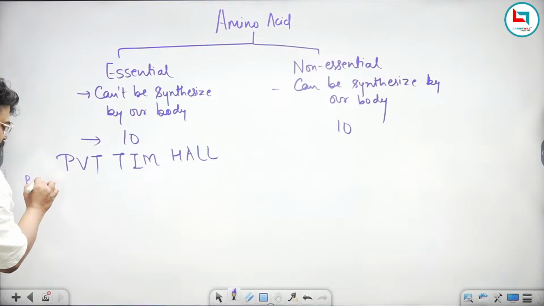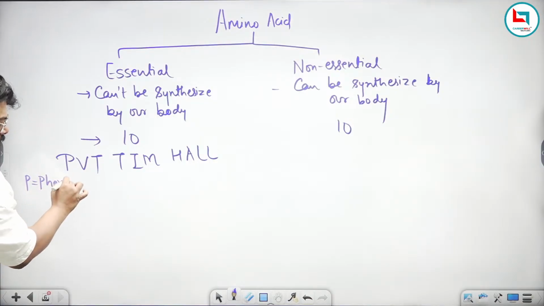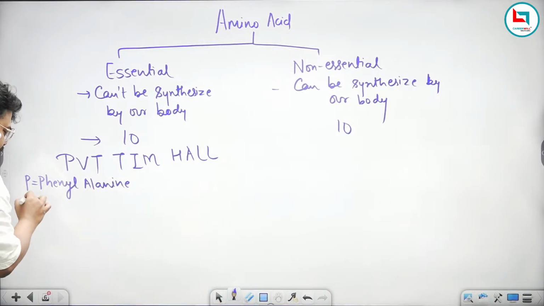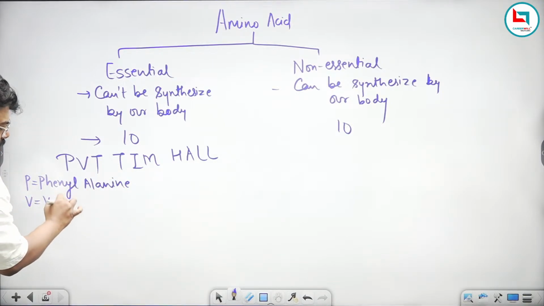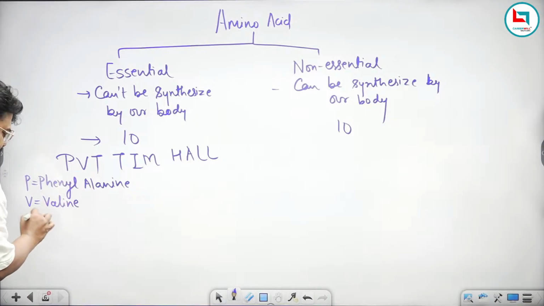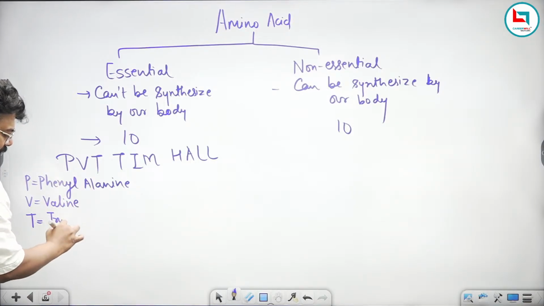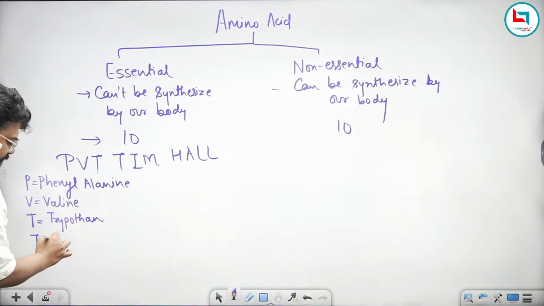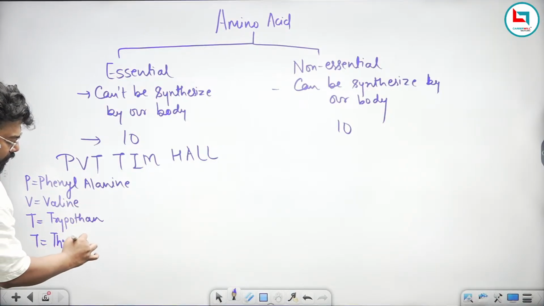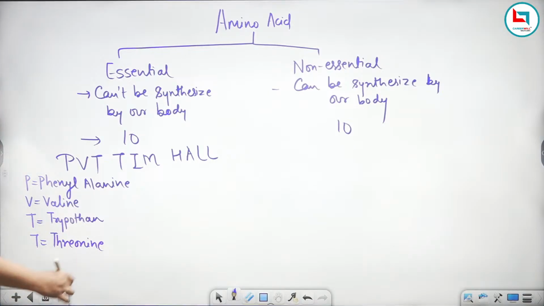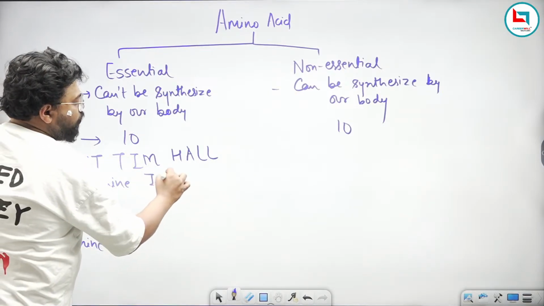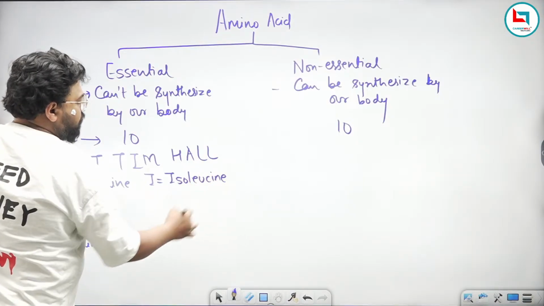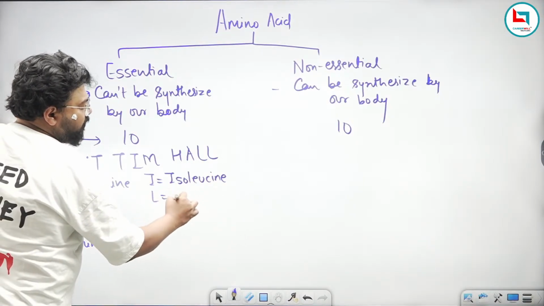These 10 alphabets are the names of different amino acids. P stands for phenylalanine. V stands for valine. T stands for tryptophan. This again T stands for threonine. I stands for isoleucine. L stands for leucine.